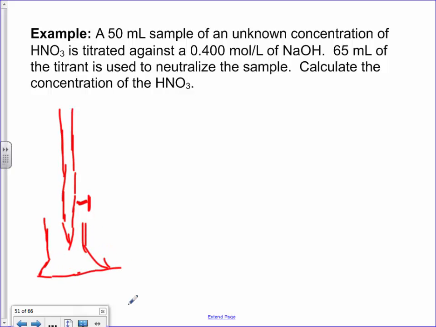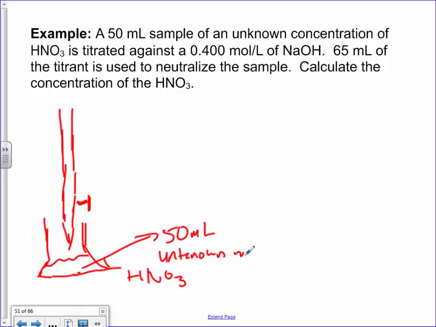Here's a flask for it to go in. And right down here, this is 50 milliliters of an unknown. At least I know there's 50 milliliters there. At least I get to know that it's HNO3. I just don't know its moles per liter.